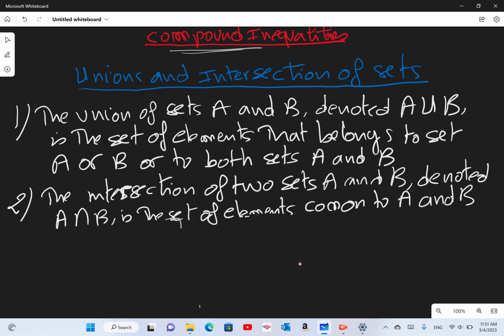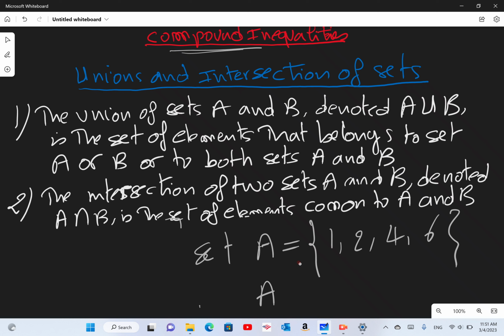So let's give an example of a set. Let's say we have a set A, and this is how we denote a set. A equals, let's say we have these numbers 1, 2, 4, 6. 1, 2, and 4 are called members of this set.